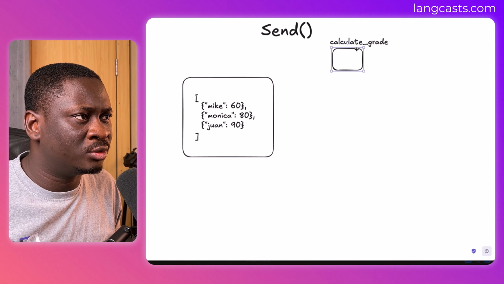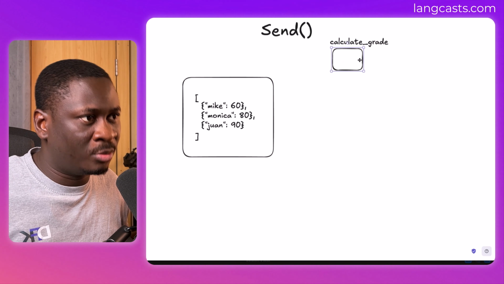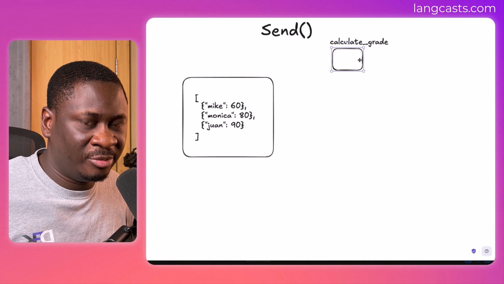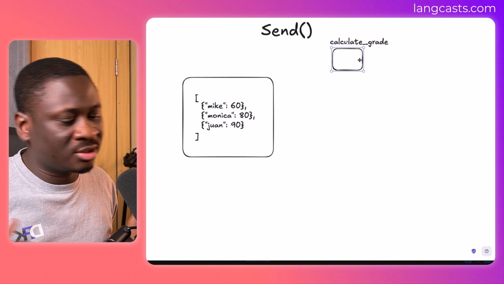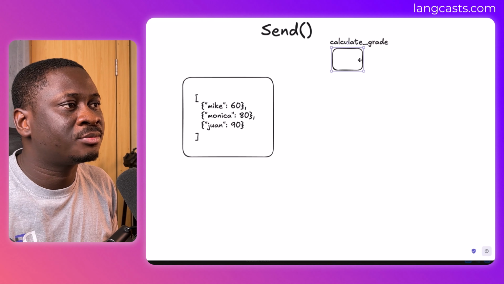But this node can only calculate the grade of one student. So you need to run multiple of it, but you don't even know how many you have to run beforehand. Like I said, a class has 40 students, another class has 50 students, another class has 90 students.